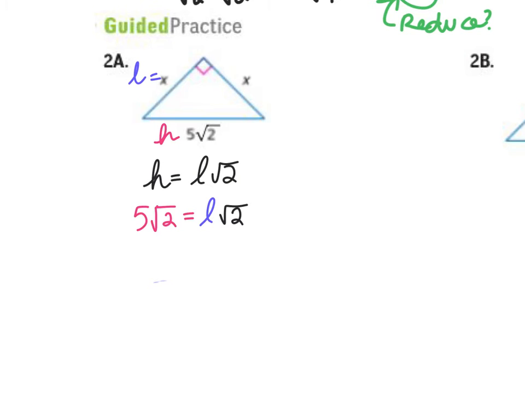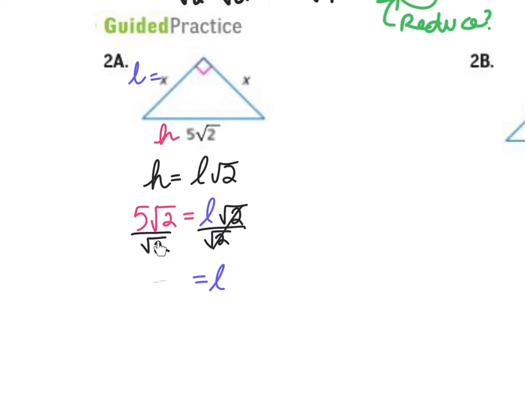Okay? Just like we did before, we need to divide by that radical. So here we're going to have L equals. Now look right here. Remember we divided right here by square root of 2? So we had the same values one over the other, and they canceled out, right? Let's make our lives a little easier on this side.